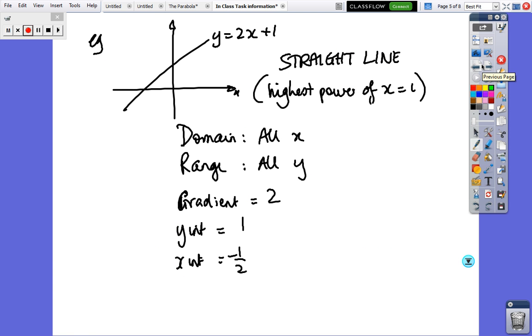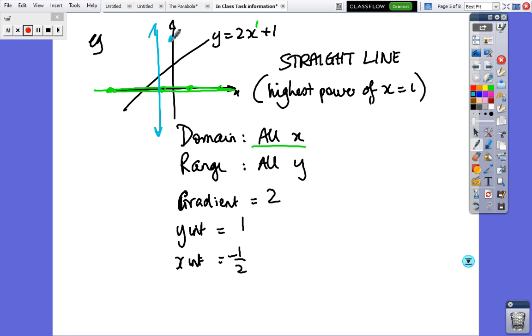So let's have a look at an example. y equals 2x plus 1. It's a straight line. The highest power of x is 1. So this is the x line, and the function can have any value of x anywhere along. So we say the domain is all x, and the range is going up and down.